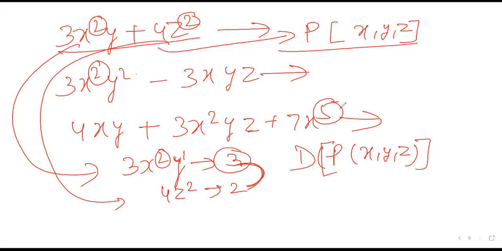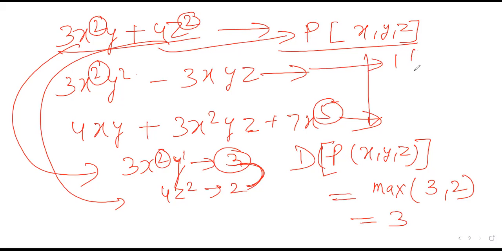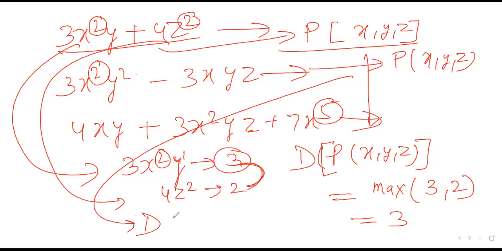The degree is written as degree of P over x comma y comma z, which is the maximum of the degrees in all the terms. If 2 terms are there, we focus on 2 terms; if 3 terms are there, we focus on 3 terms. This is a polynomial in x comma y comma z. Now how to write the degree of this polynomial?